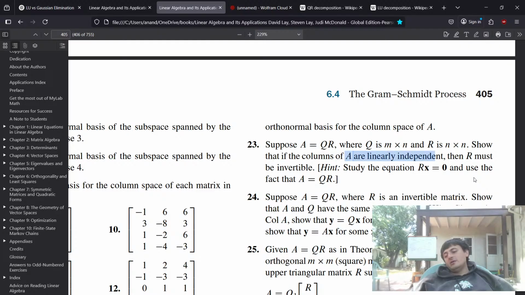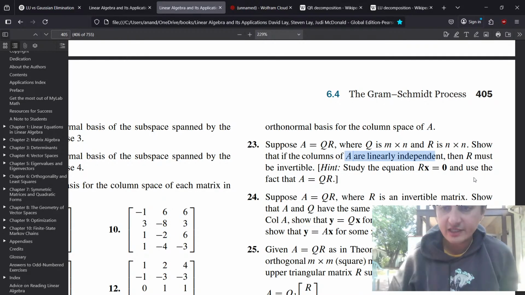So if A is equal to A1 to AN as columns, and then we have Q, R. So what is R?